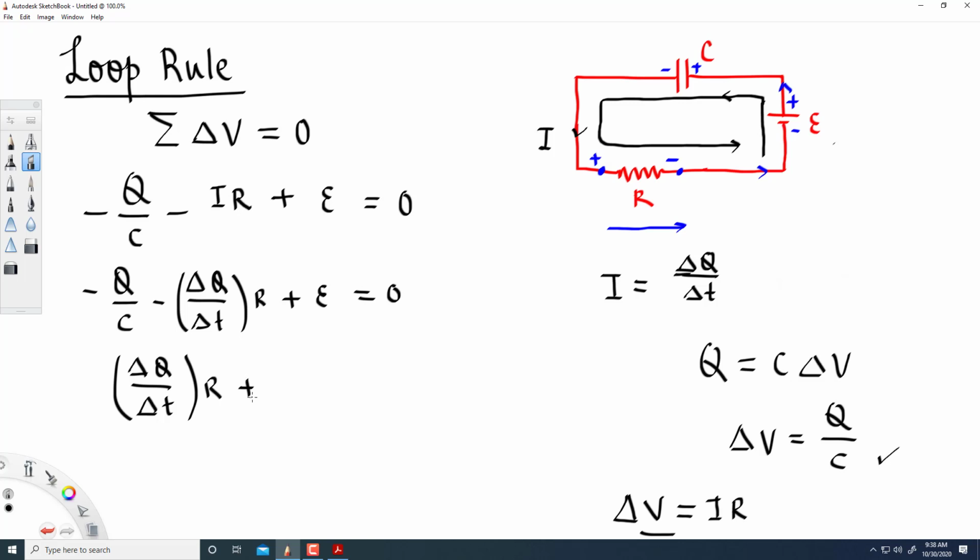That plus Q over C, just multiplying all the terms by negative sign. So this kind of equation is called a differential equation.